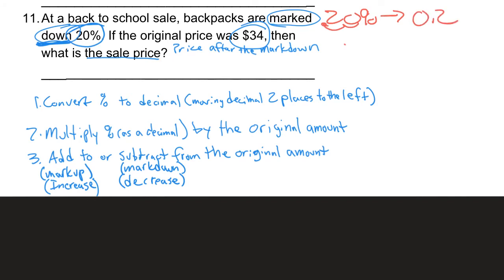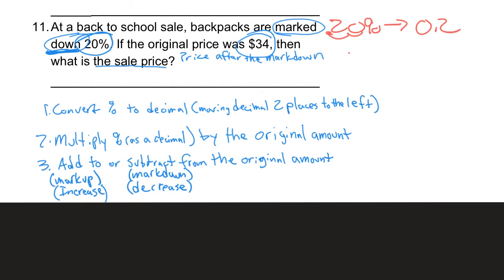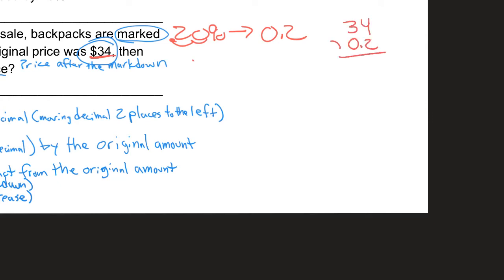Okay, step 2, multiply the percent as a decimal by the original amount. My original amount was 34. So I'm going to take 34 and I'll multiply it by 0.2.